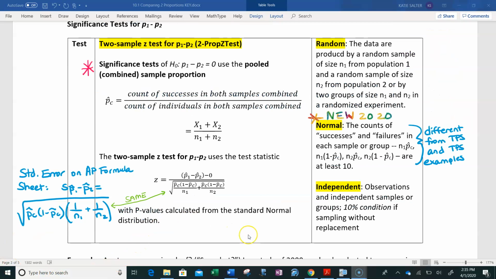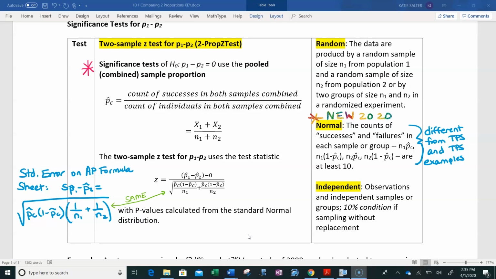All right, so this is for today's part of the lesson. When you are doing a significance test for the difference in two population proportions, the null hypothesis isn't for just one proportion, like, oh, we think that it is 20%. It's the difference between proportions.